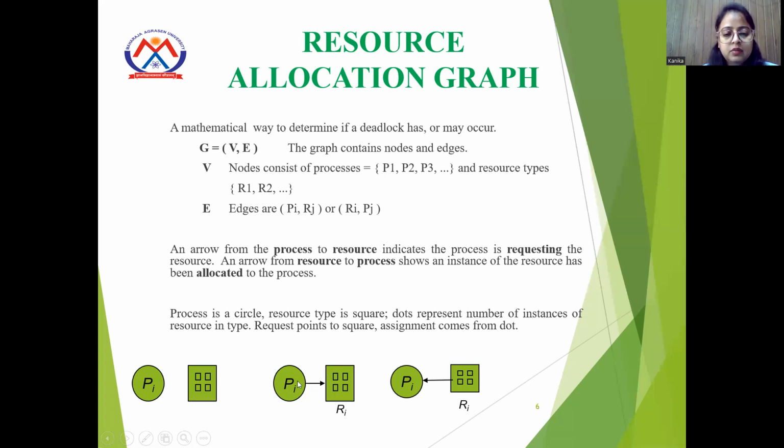Here, as you can see, there is an edge from P to Ri, which means the process is waiting for resource Ri.